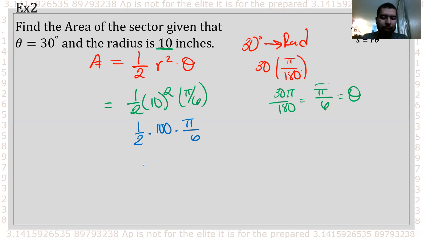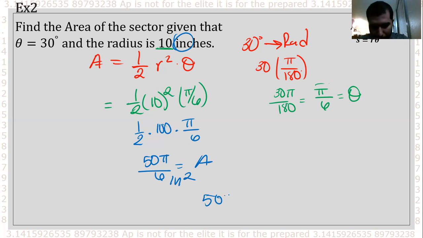From here we can simplify. 100 divided by 2 is 50 pi over 6 as my area. Keep in mind the units are going to be squared, so inches squared. So 50 pi over 6 inches squared is my area.